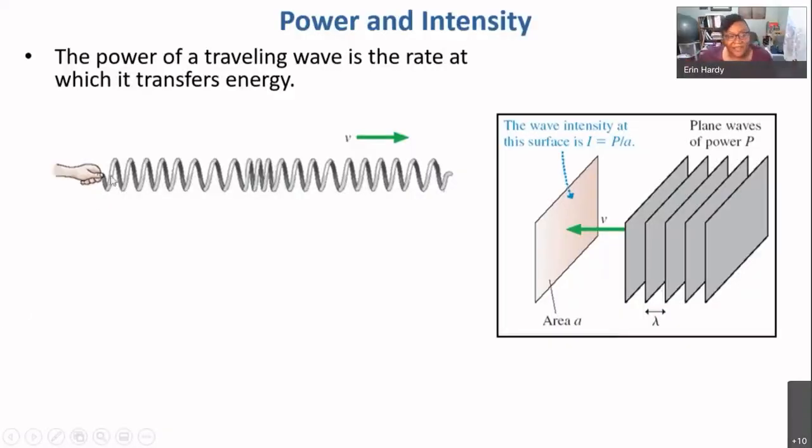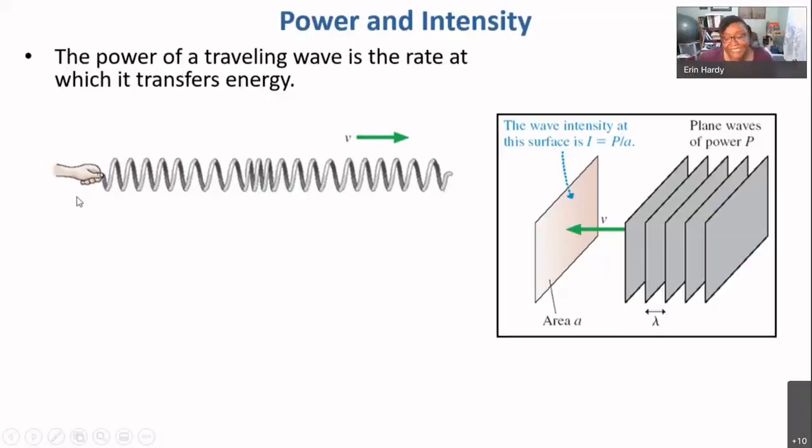So the kinetic energy that your hand is imparting to the spring is partially going to be turned into potential energy anywhere that the coils of the spring are either stretched out a little more or compressed a little bit more than they would be at equilibrium. And that entire wave pulse is moving, so that pulse itself has some kinetic energy to it as well.